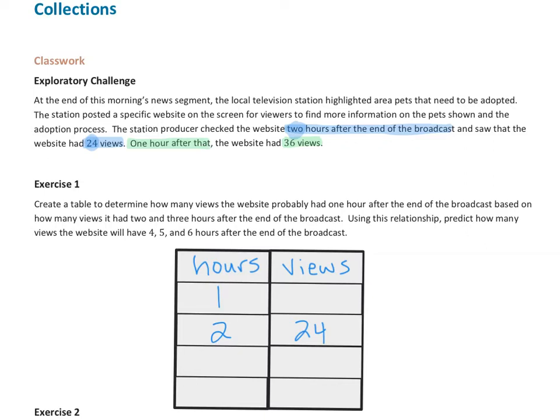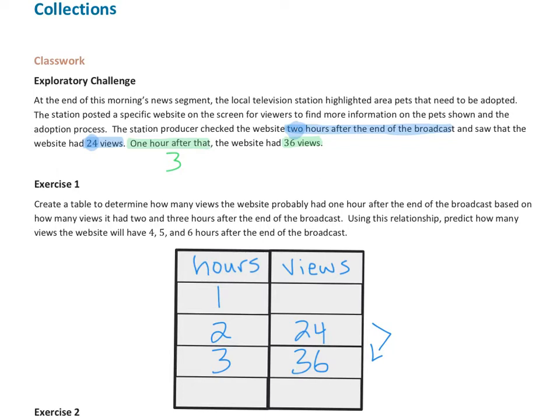Then it continues to tell me 1 hour after that. Well, isn't that 3 hours? If it was 2 and we do 1 hour after that, wouldn't that be after 3 hours? So I'm going to put that right here, and that was 36. And so I can start to see how my views are moving. Right? If 2 was 24 and 3 was 36, what is the connection?